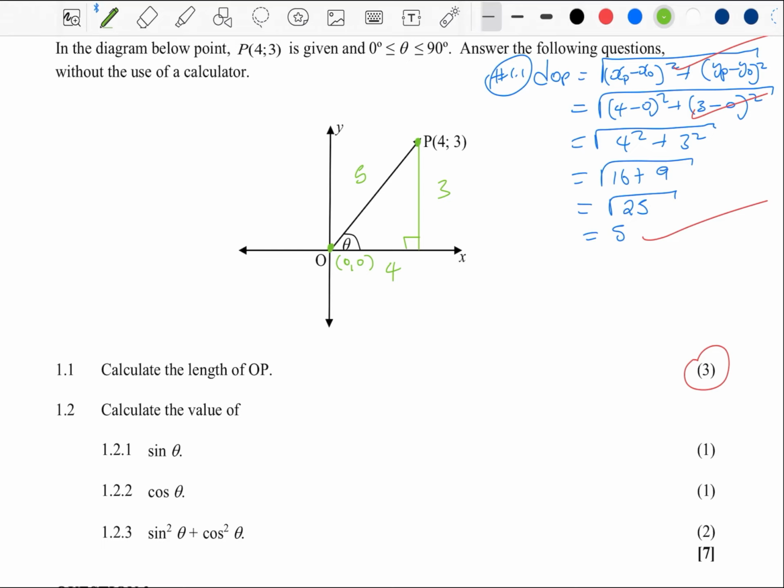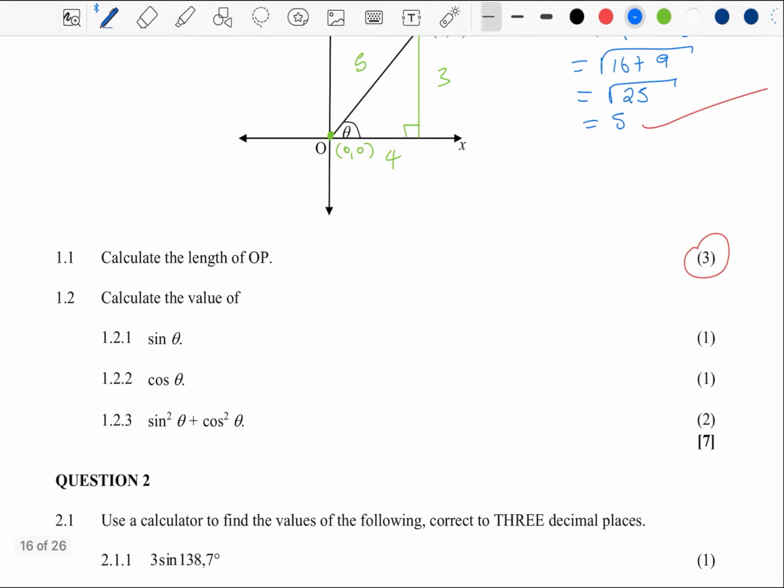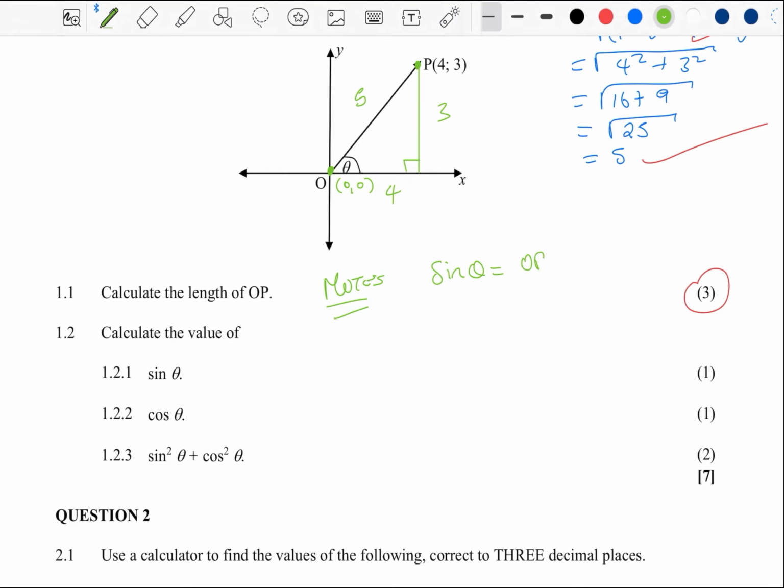Now 1.2 says calculate the value of sine theta. Okay, so before we calculate the value of sine theta, cos theta, and all of that, I'm going to give you some notes that you need to know by heart, right? That sine theta is equal to the opposite side of theta over the hypotenuse side of theta.